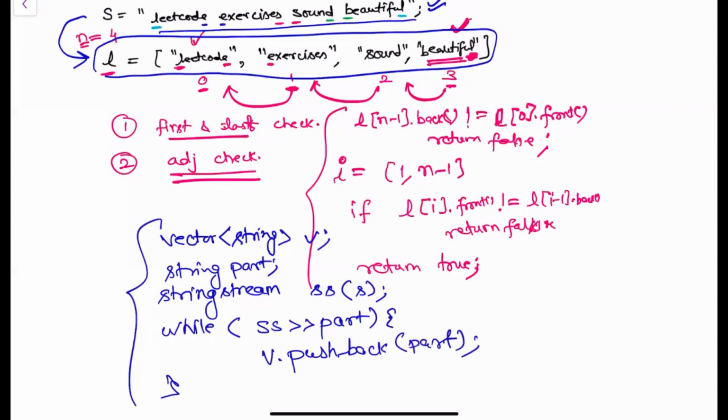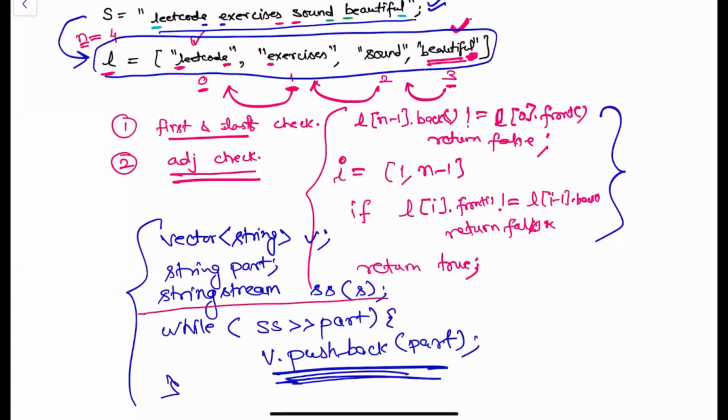So this is just to convert s to a list. Once you get this list v, we can apply the simple logic. So in C++, string stream is useful. Many people would have struggled or gone with a bigger logic to solve this problem without using string stream. It is possible to solve the problem without string stream also.